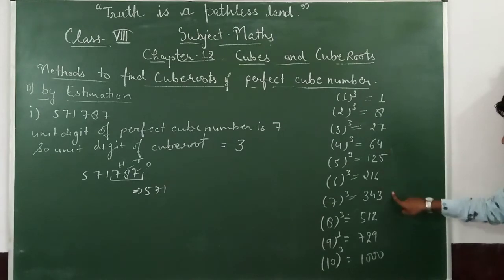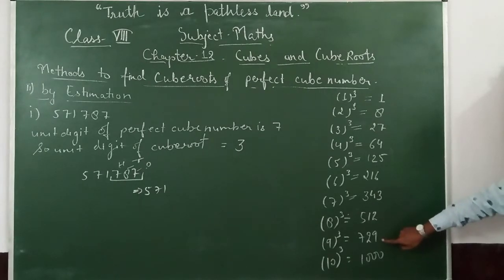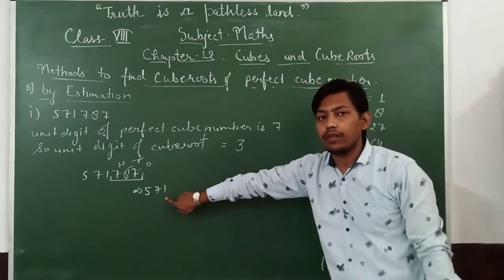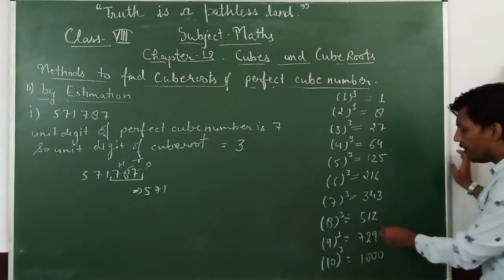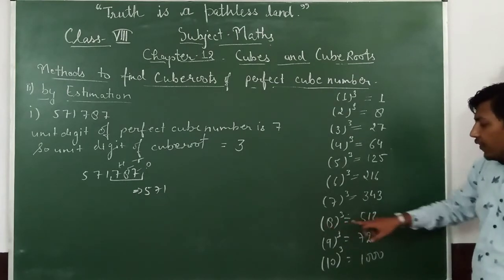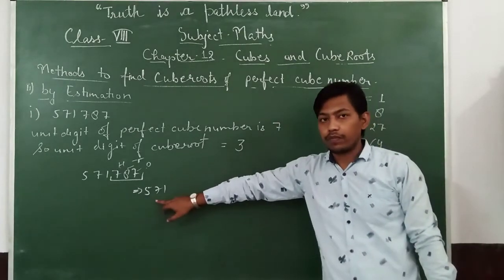But when we compare it with 9 cubed, which is 729, that is greater than 571. So we have reached the limit that the cube we want is just lesser than 571.